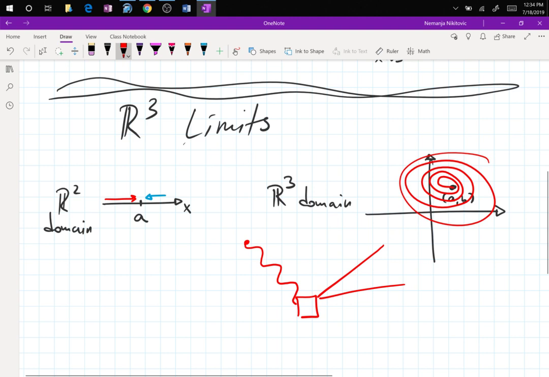So we see the issue now. This story of the two-way approach goes away, because now we can approach a point in 2D in infinitely many ways. It's not just infinite directions, it's also infinite functions on top of everything, which creates a living nightmare to compute limits. And we still have the three different levels.